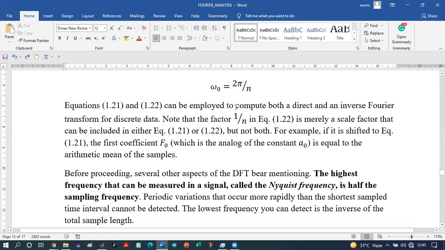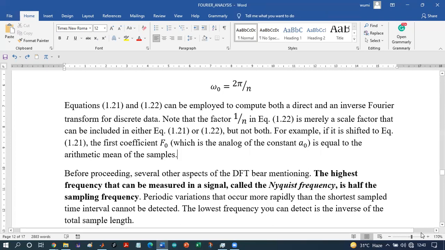So that's the formula to calculate the Nyquist frequency. The Nyquist frequency is also called F max. It's simply the highest frequency that can be measured in a signal.